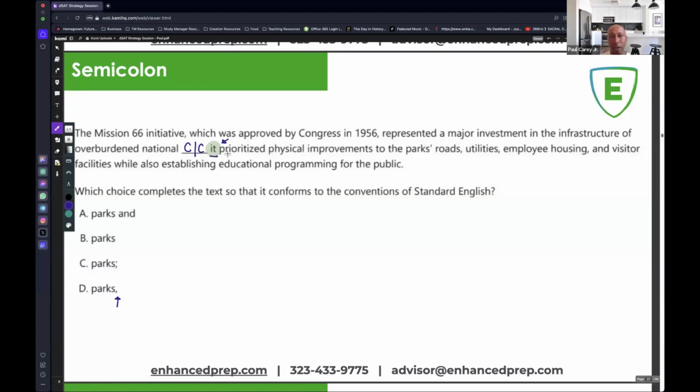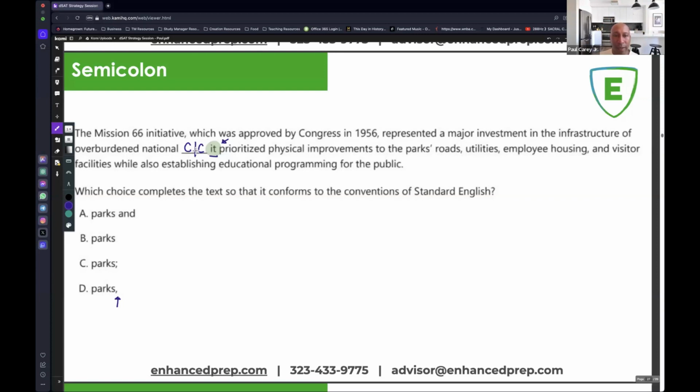And the "it," if you ever have a question about this, or if you're ever not sure if that's going to be complete or not, make sure you think what the "it" is and then read through the sentence replacing the "it" with whatever the subject is. So the Mission 66 initiative prioritized physical improvements in the parks and roads. And now it sounds a lot more like a complete idea. Okay.